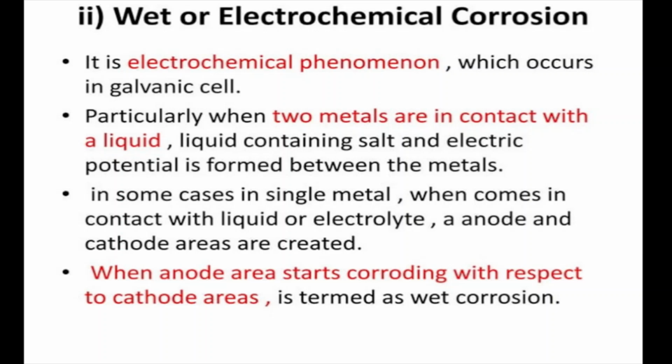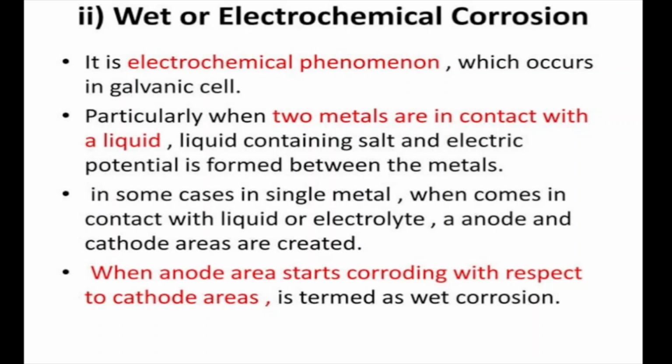Now wet or electrochemical corrosion, what is that? It is an electrochemical phenomenon which occurs in a galvanic cell, particularly when two metallic materials are in contact in a liquid containing salt, and an electric potential is formed between the metals.